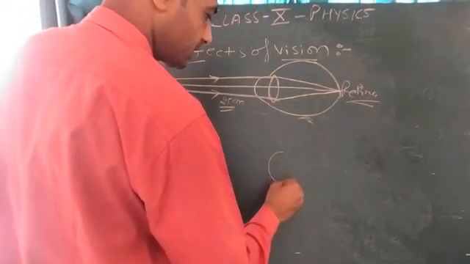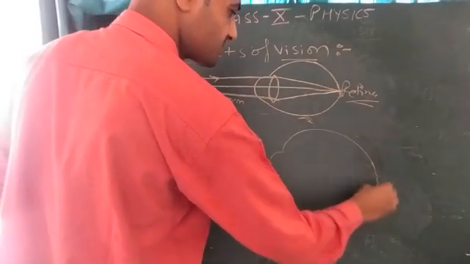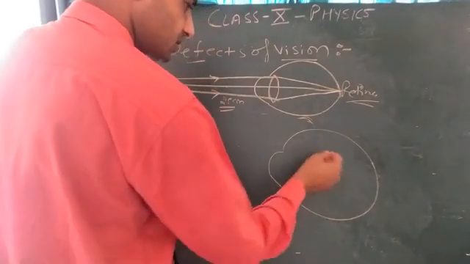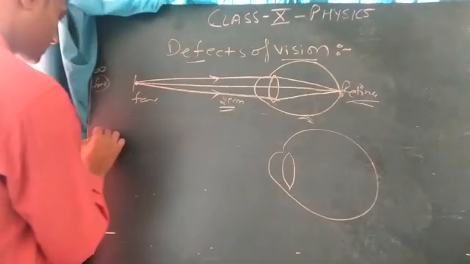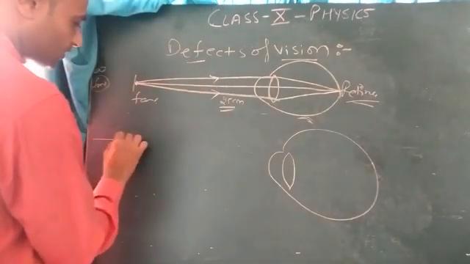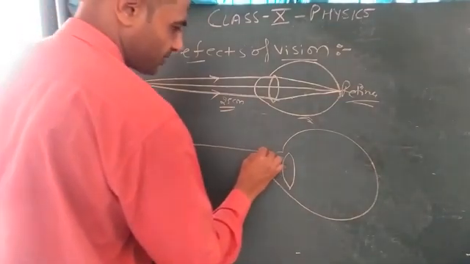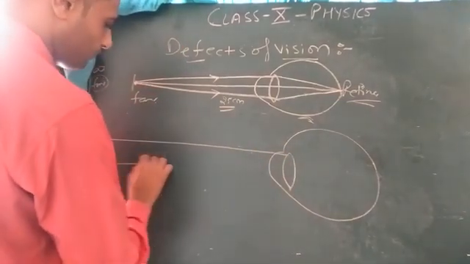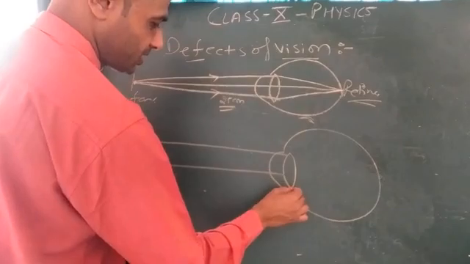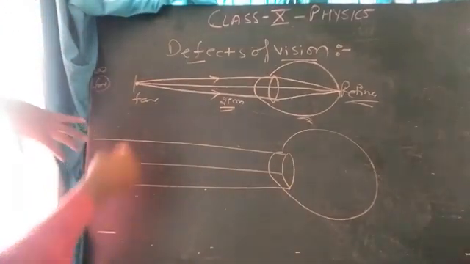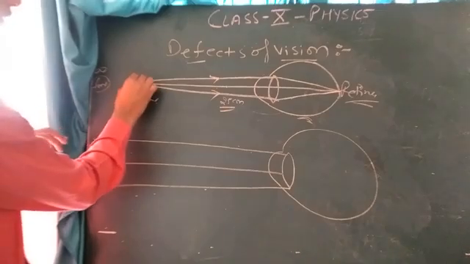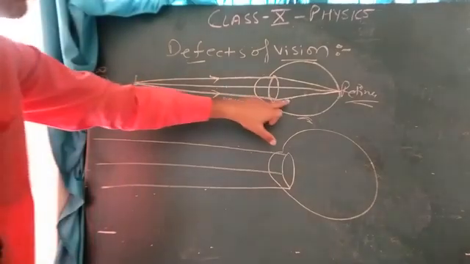that is the eyeball, and this is the eye lens, and now the rays of light are coming from infinity. Infinity means beyond this far point. This is the far point for a myopic eye.